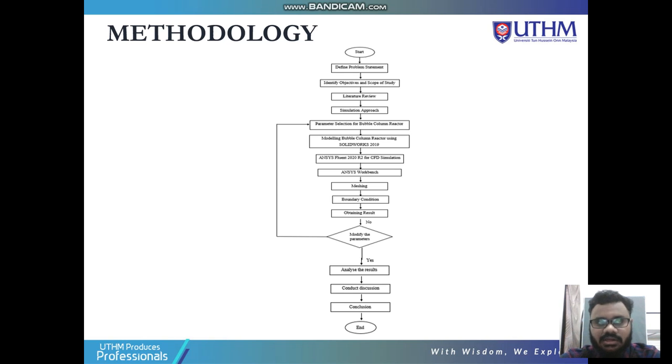Under the Fluent simulation, we will carry out meshing, followed by setting boundary conditions for the meshing process. When the results are obtained, if the parameters satisfy the results, we will analyze the results and conduct discussion.